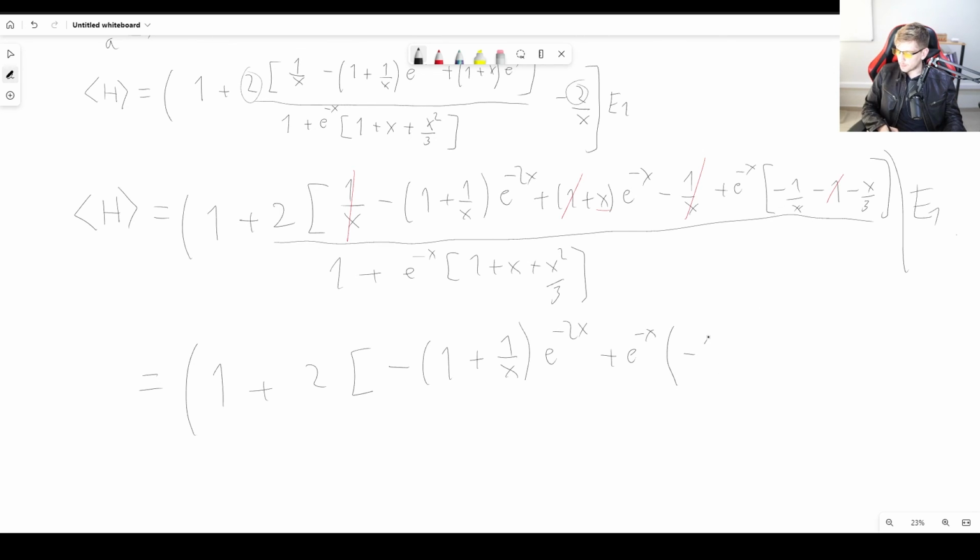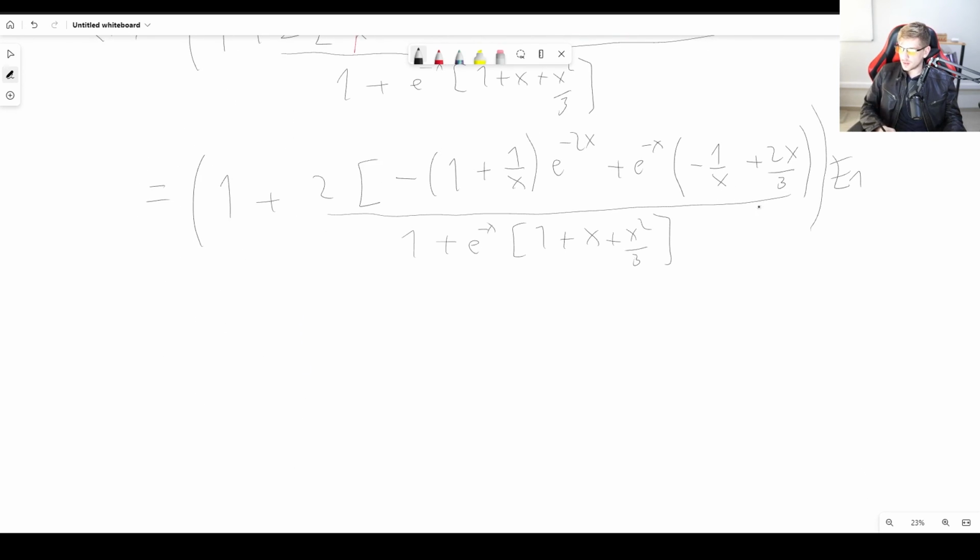So we have minus 1 over x, and then x minus x over 3. So we get plus 2x over 3. And all of this is divided by 1 plus e to the minus x, 1 plus x squared over 3. Times E1, of course.